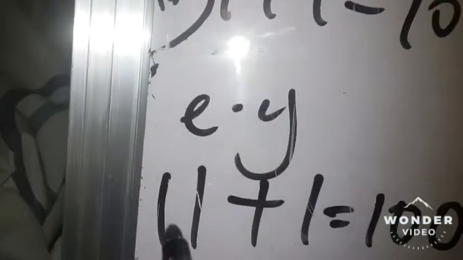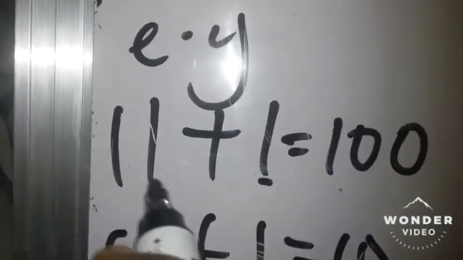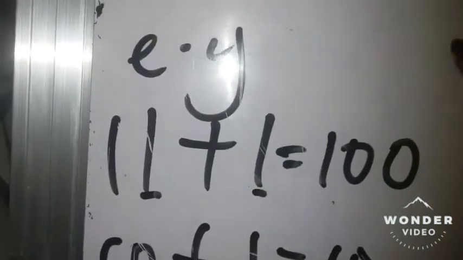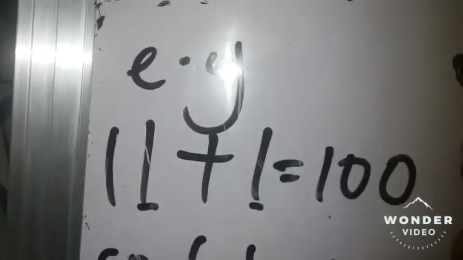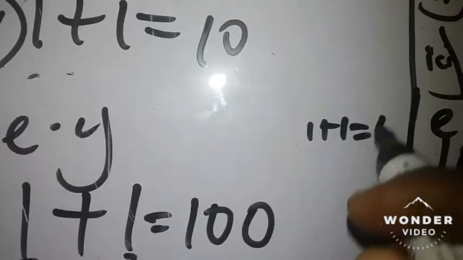Then 1 plus 1 is 10. So let's put it here: 0, 1, 1, 10. E.g., 11 plus 1, this 1 plus 1 will give you 10.